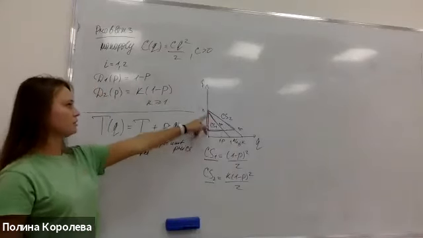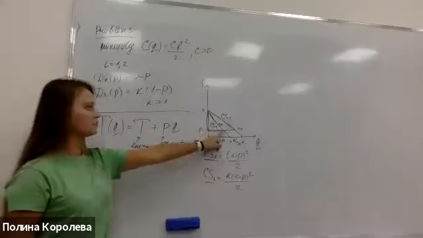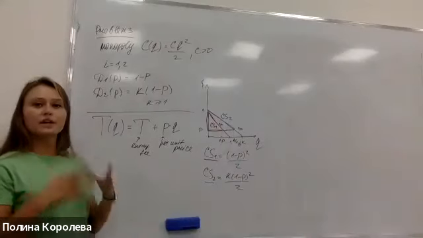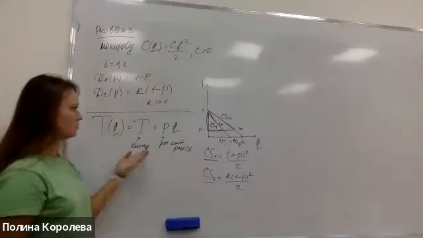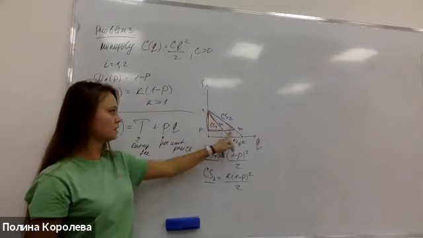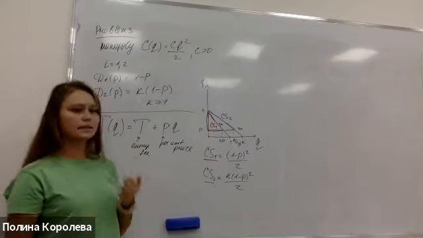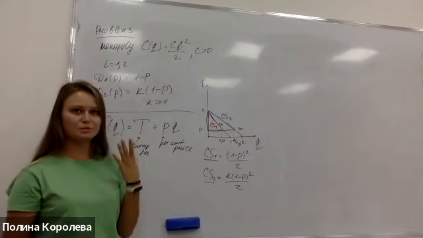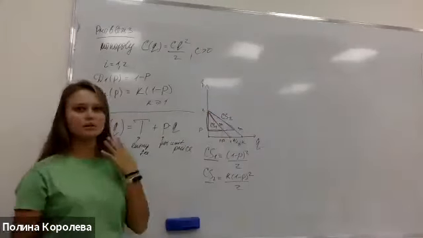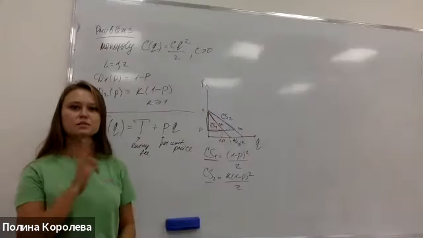If the entry fee is equal to the consumer surplus of the first buyer. Both, yes. And the second option, to set a very high entry fee that will be equal to the consumer surplus of the second consumer. In such a situation, only this second consumer, as he wants more to buy this good, will pay the entry fee and will buy from us. So we should consider these two options.